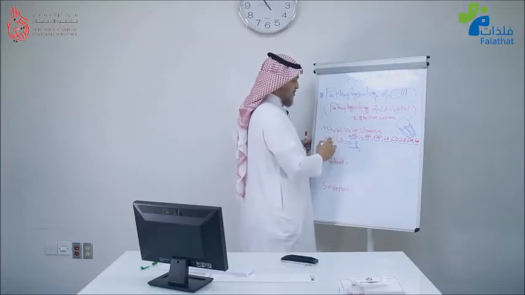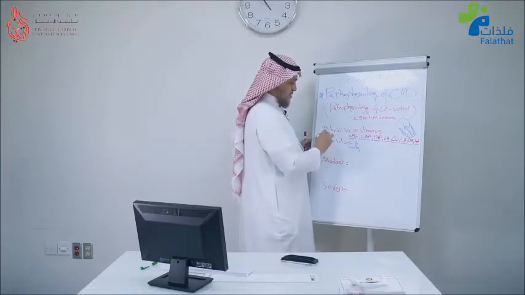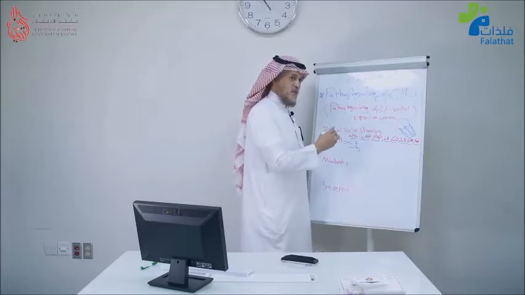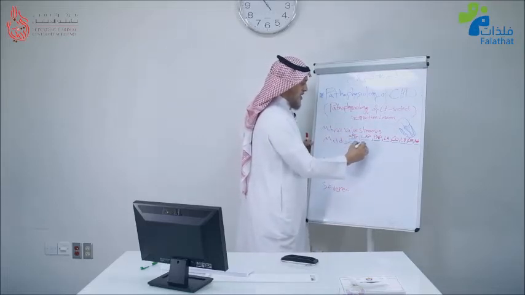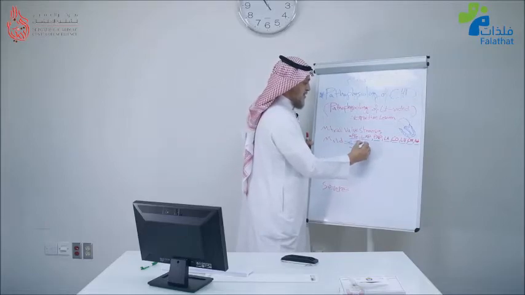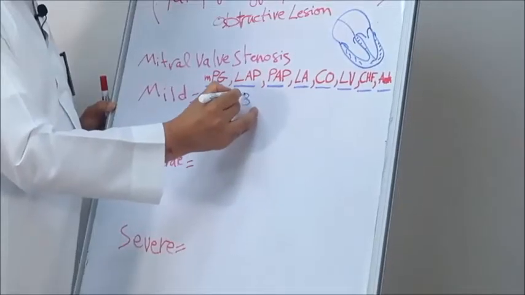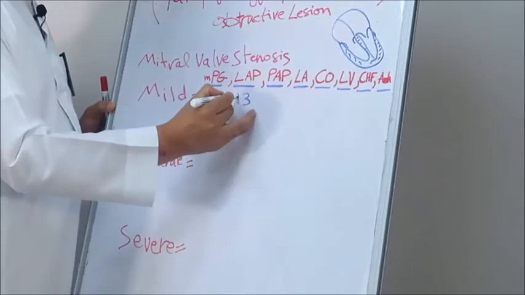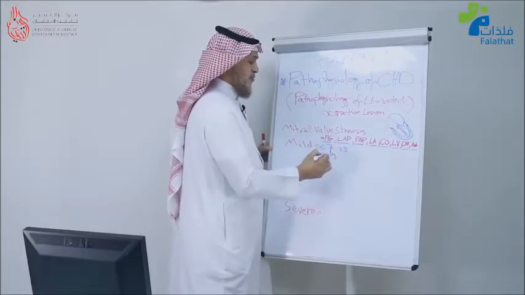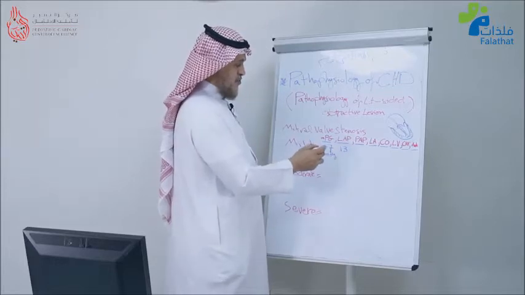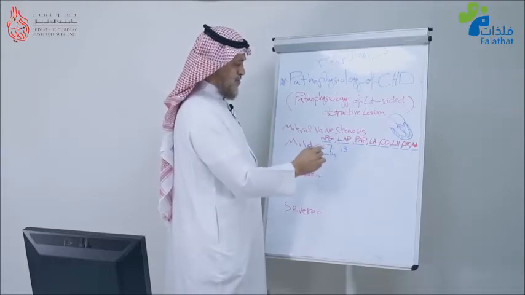So we would expect in a mild mitral valve stenosis that the mean LA pressure will be around 13. Okay? So if we have a mean pressure of 13, which means we have about a 6 gradient.